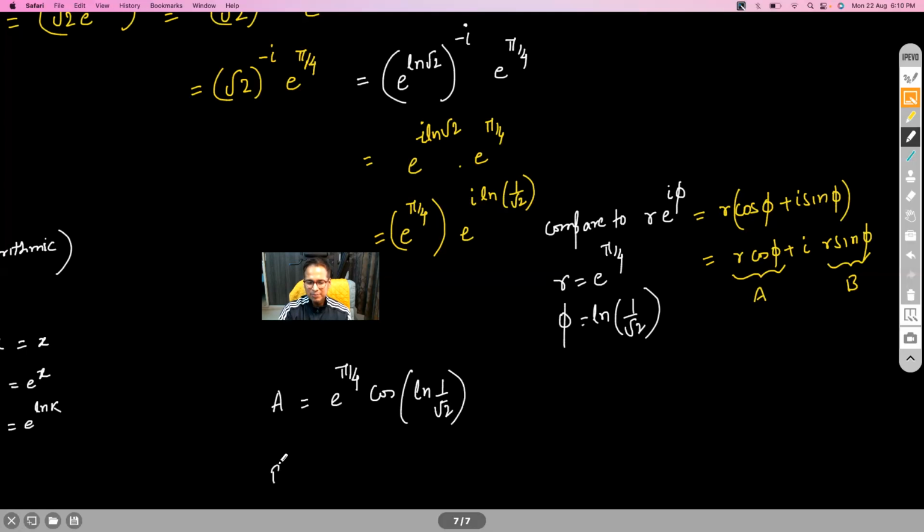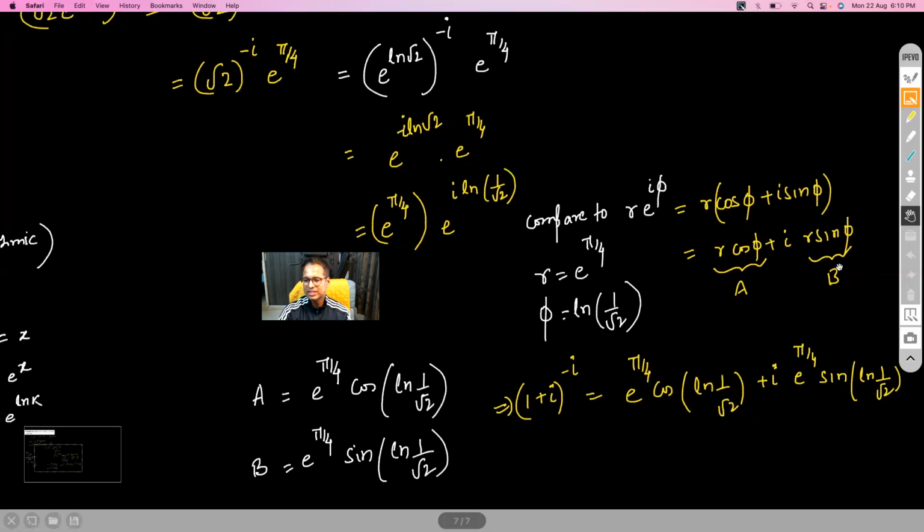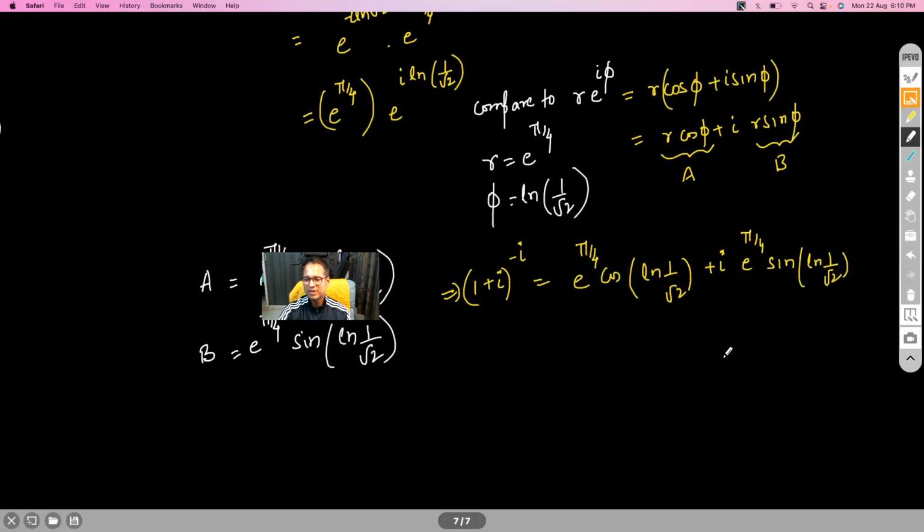Similarly, B will be e to the power pi by 4 sin ln 1 by root 2. Clear? So this implies (1 plus i) to the power minus i can be expressed as A plus iB. Is it fine? Any questions, any concerns? This is your final answer.